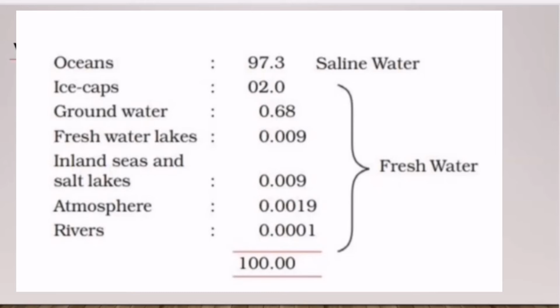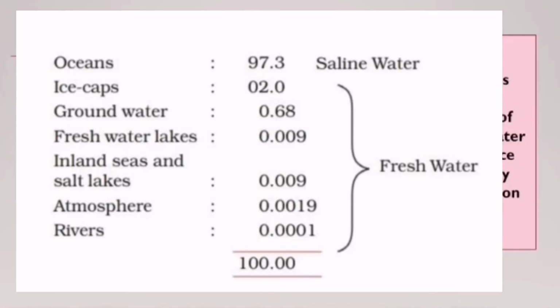The rest, 2.7%, is found as glaciers and ice caps, underground water 0.68%, freshwater lakes and rivers 0.0001%, which together with atmospheric moisture constitute the fresh water.